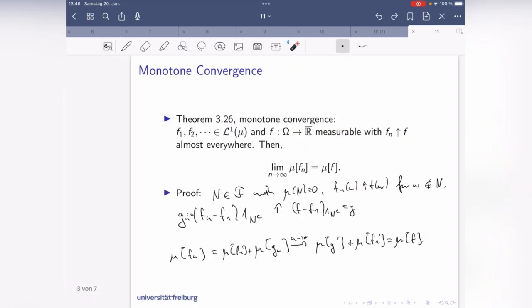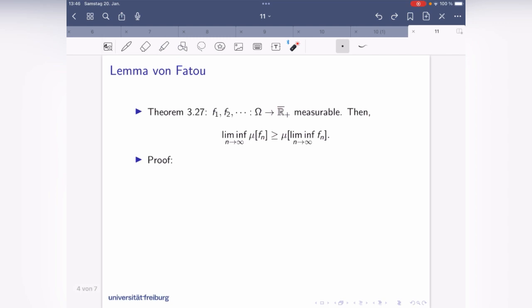We do not have this here. And the result is slightly weaker because we only get an inequality. That's very general here. So the limit inside is always smaller or equal than the limit outside. Okay, the lim inf, let's say. Let's prove this.